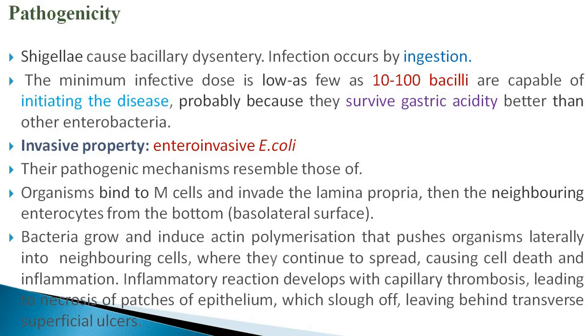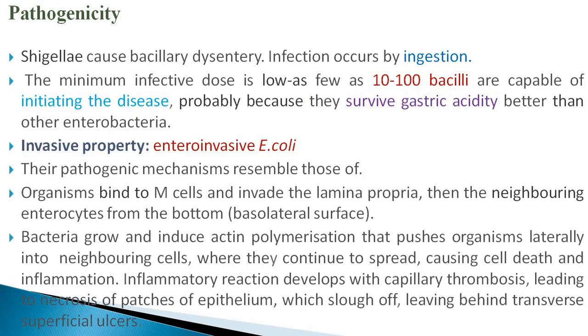Invasive property: enteroinvasive E. coli. Their pathogenic mechanism resembles that of the organism, which binds to M cells, invades the lamina propria, then enters the neighboring enterocytes from the basolateral surface.